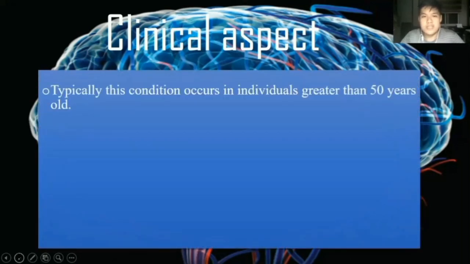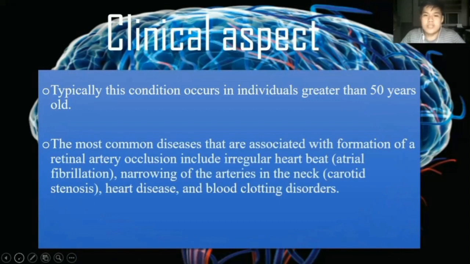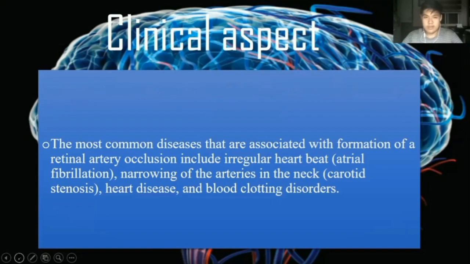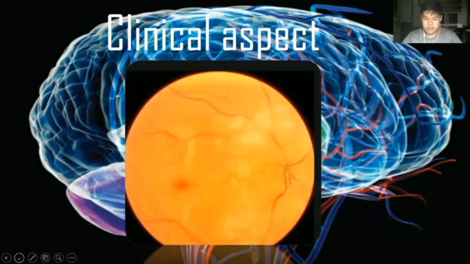Typically, this condition occurs in individuals greater than 50 years old. And the most common diseases associated with the formation of retinal artery occlusion include irregular heartbeat, narrowing of the arteries in the neck, heart disease, and blood clotting disorders. So this is the picture that shows central artery occlusion.